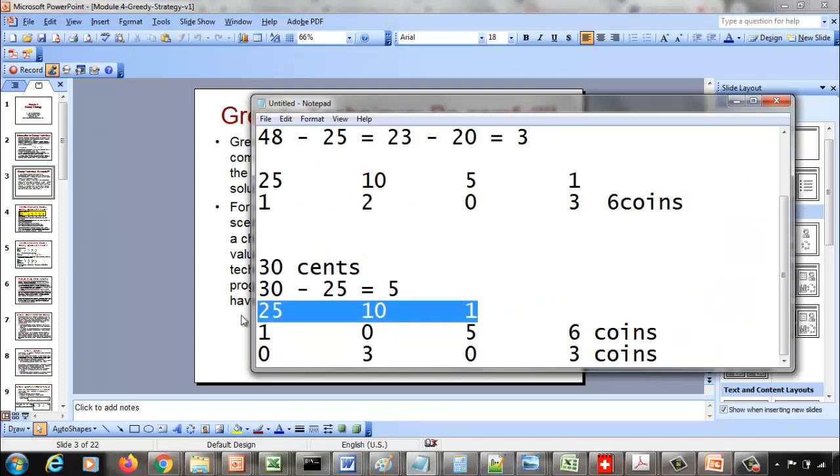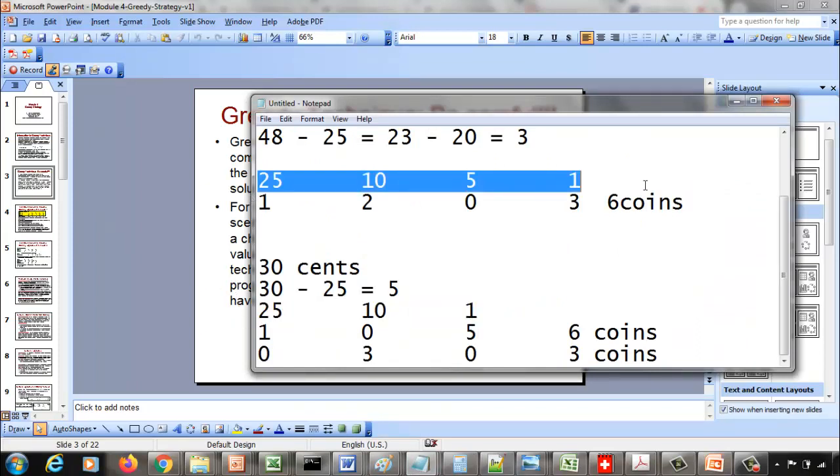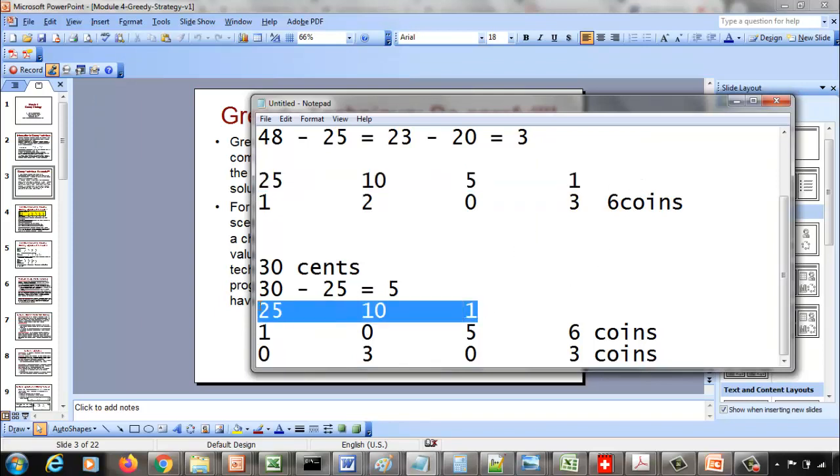It need not be the coin denomination that we have in the US, for which the greedy strategy guarantees the optimal solution. It could be any coin denomination, and we will be able to find the optimal solution using dynamic programming. But we'll be spending more time compared to the time we spent here for greedy strategy. Okay, so that's like a trade-off.